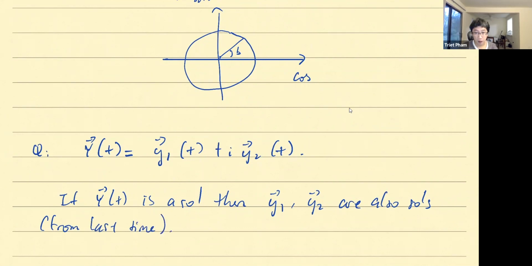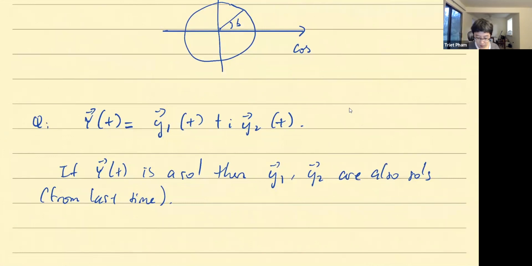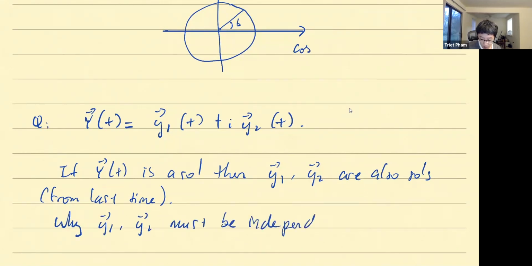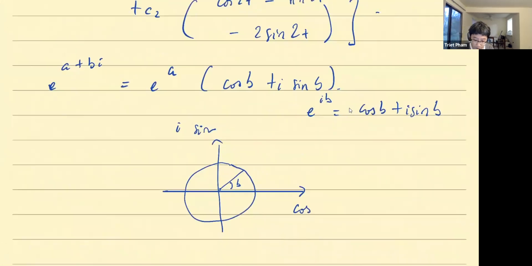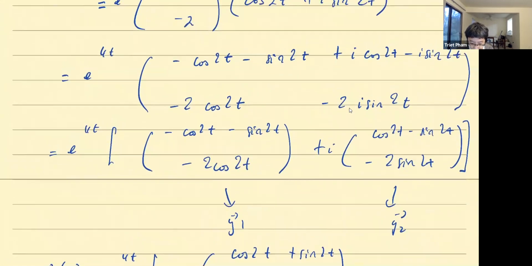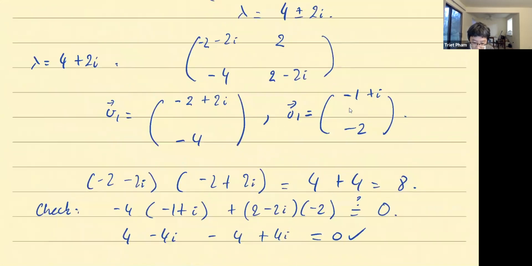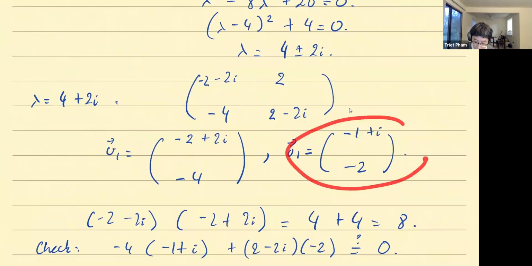Now, Ron's question, or a more general question, is why y1, y2 must be independent, as in coming from the structure of the eigenvector.